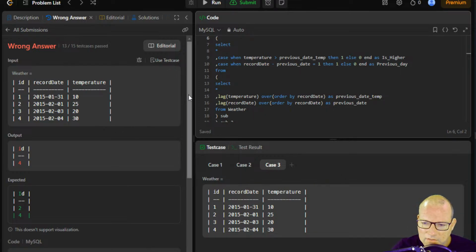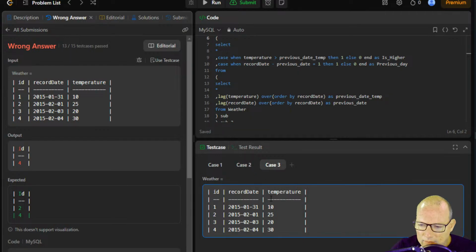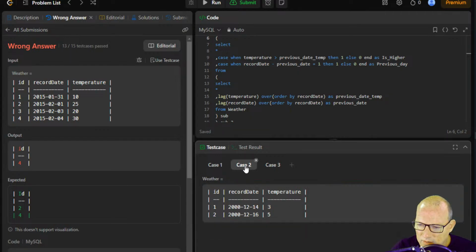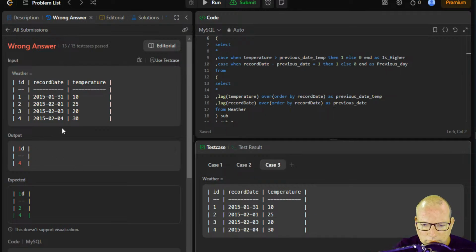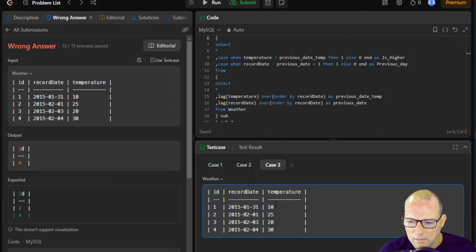So all right, let's see what is happening here. Let's add this test case. I'm failing on this 13th one right here. Let's see.